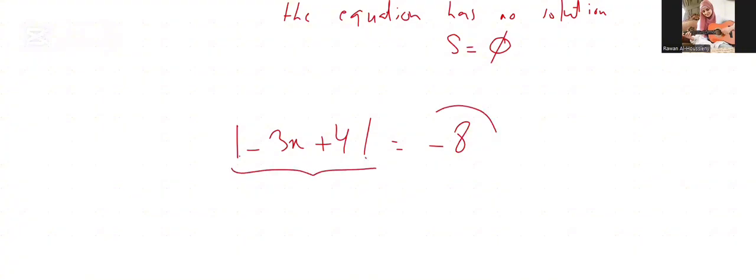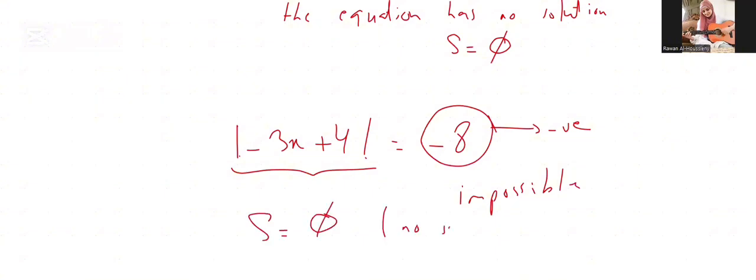Let's say we have the absolute value of minus 3x plus 4 equal to minus 8. So this is an absolute value equal to a negative number. Because it is negative, this is impossible. So without solving it, we directly say S equals the empty set, or the equation has no solution. So this is the easiest one.